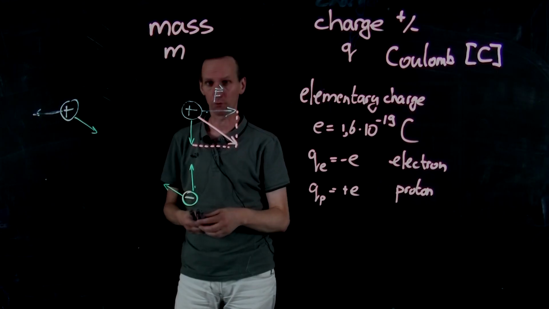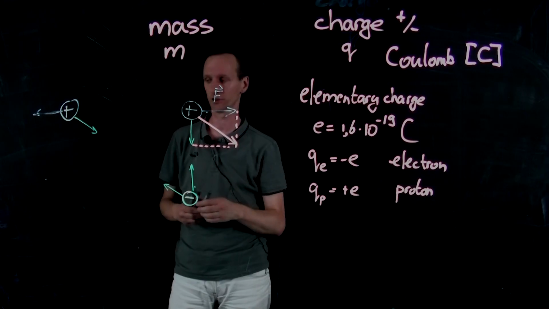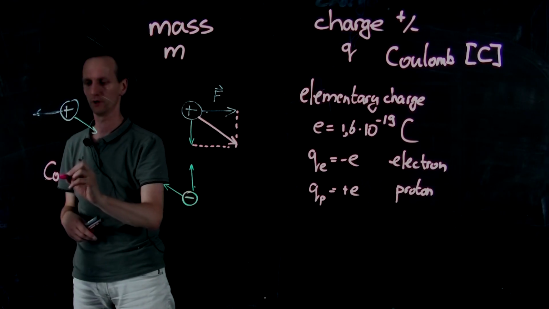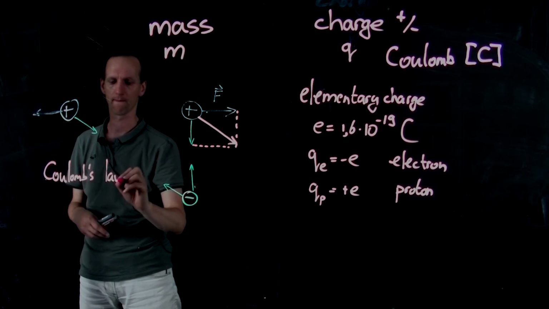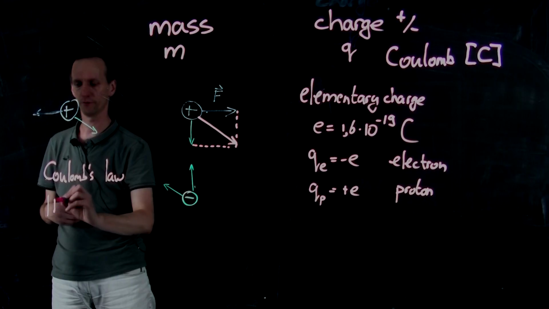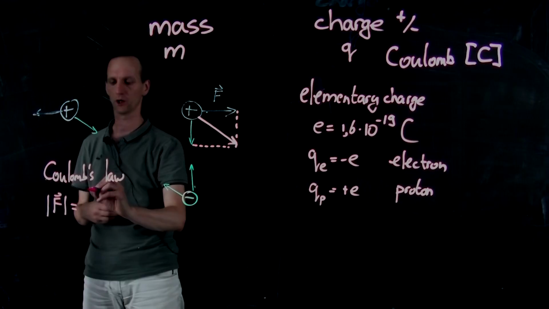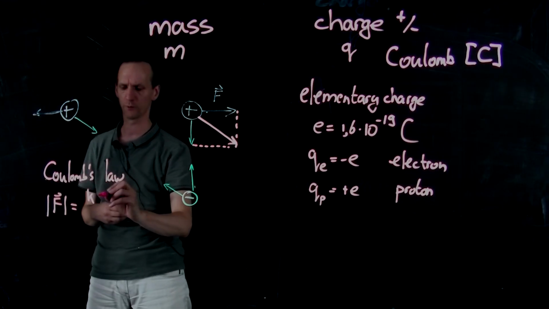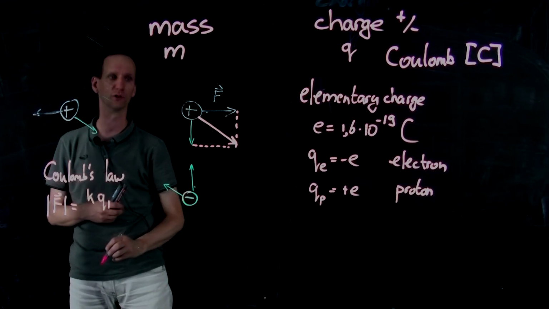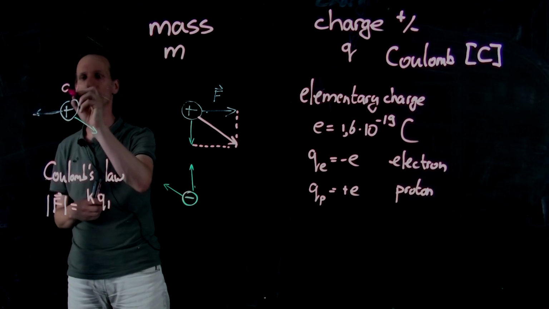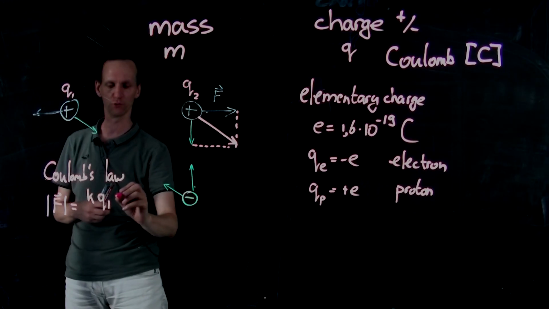Now the last thing I want to discuss in this video is the relation for the magnitude of this force, and that is given by Coulomb's law. And Coulomb's law states that the magnitude of the force between two charged particles equals a constant, in this case I denote it with k, times the magnitude of the charge of the first particle, so in this case we have first particle here, and the magnitude of the charge on the second particle, q2.